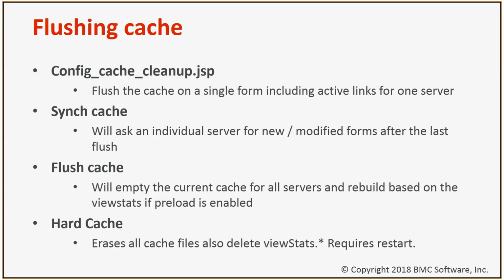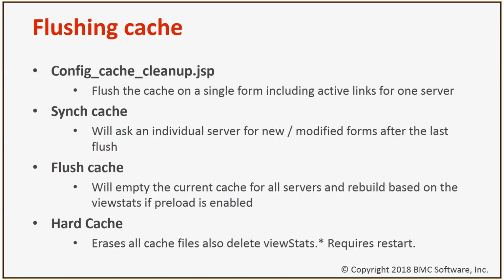The first one is a new page that's accessible from the config.jsp page. So once you log in to the config page, just modify the URL to get to the config_cache_cleanup.jsp page. In there, you will find a menu that will list all the Azure servers, and you just need to select the Azure server and enter the form that you want to flush.